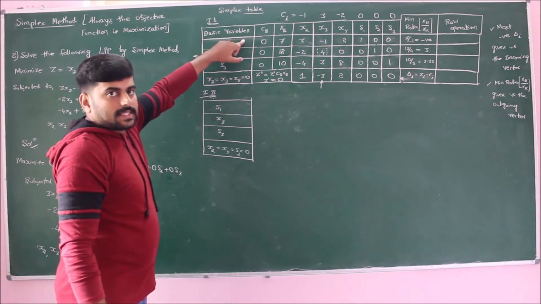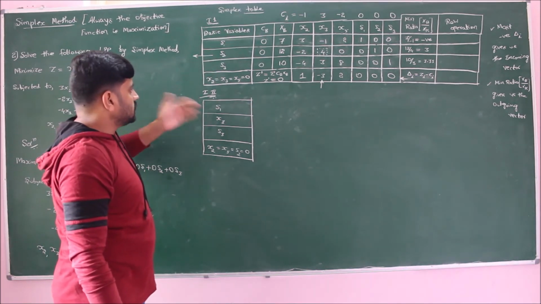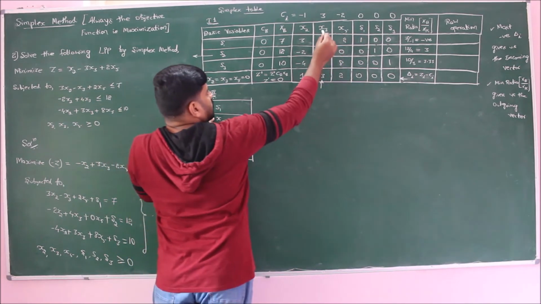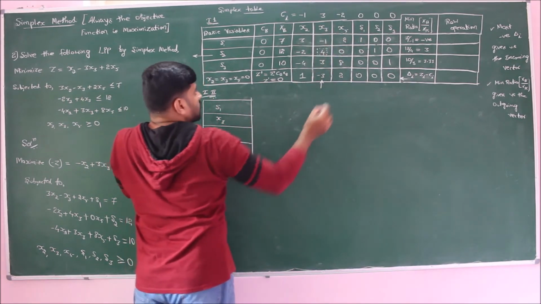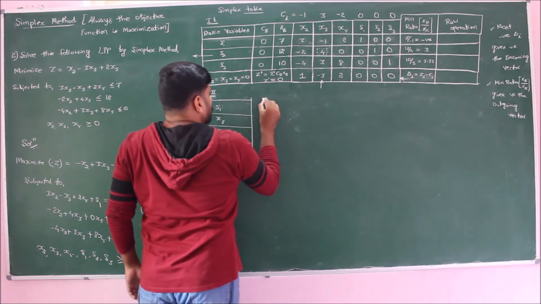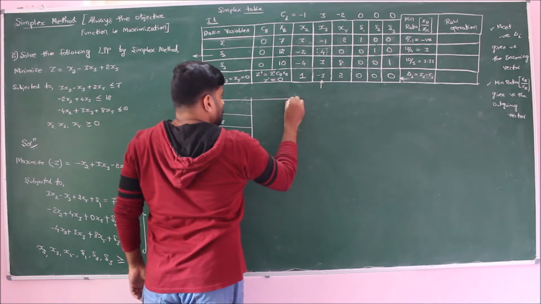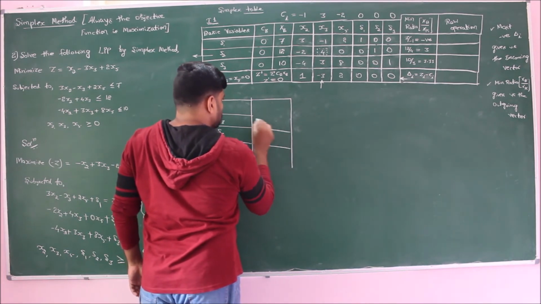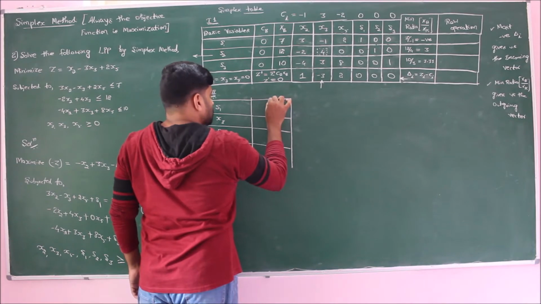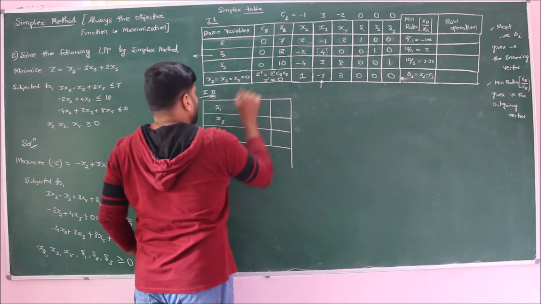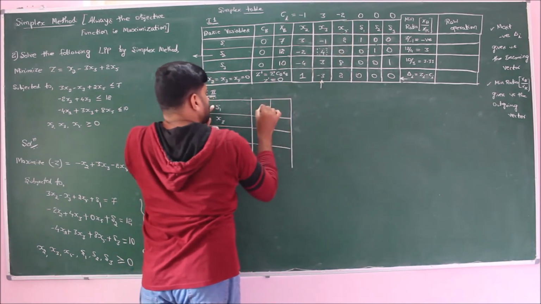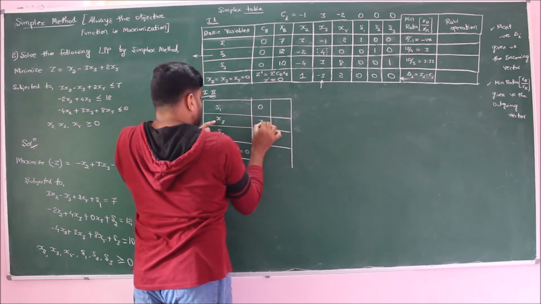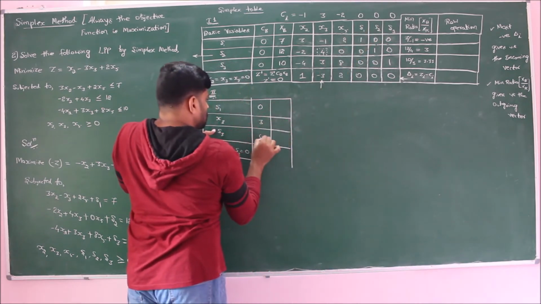Now coming to CB, that is the coefficient of these variables, the coefficient of s1 is 0, x3 is plus 3, s3 is also 0.